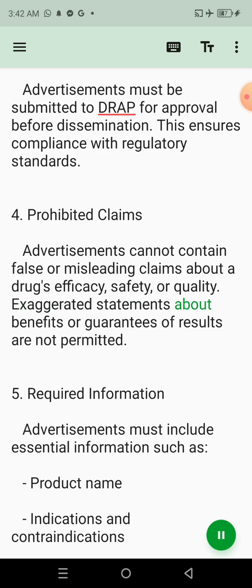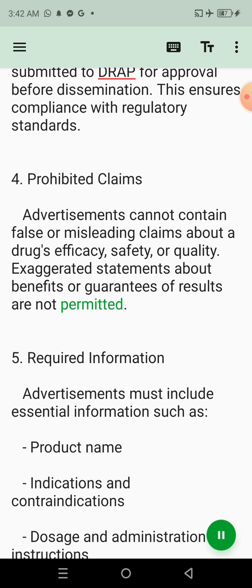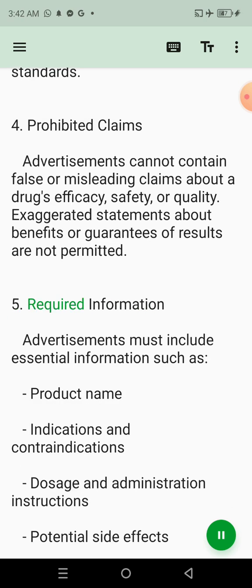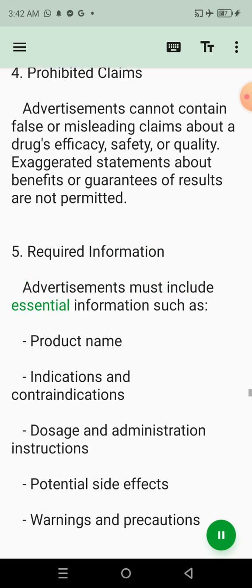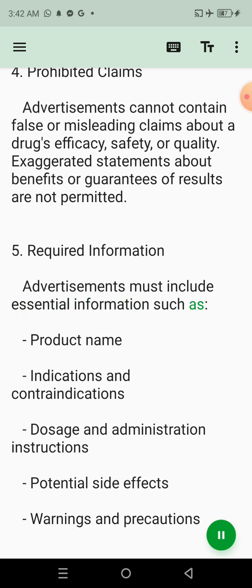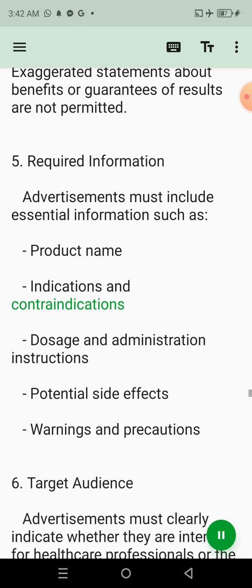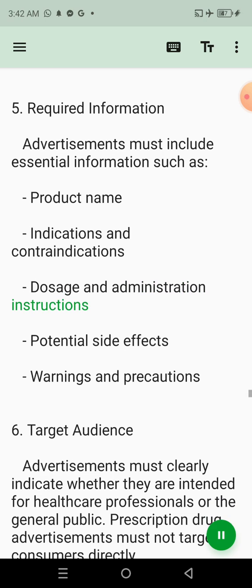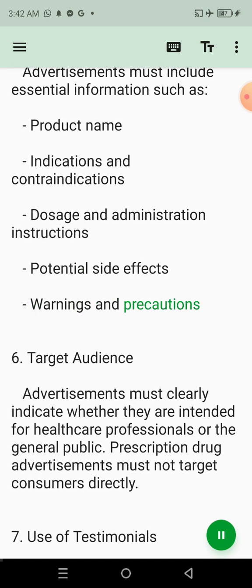Exaggerated statements about benefits or guarantees of results are not permitted. 5. Required information. Advertisements must include essential information such as product name, indications and contraindications, dosage and administration instructions, potential side effects, warnings and precautions.